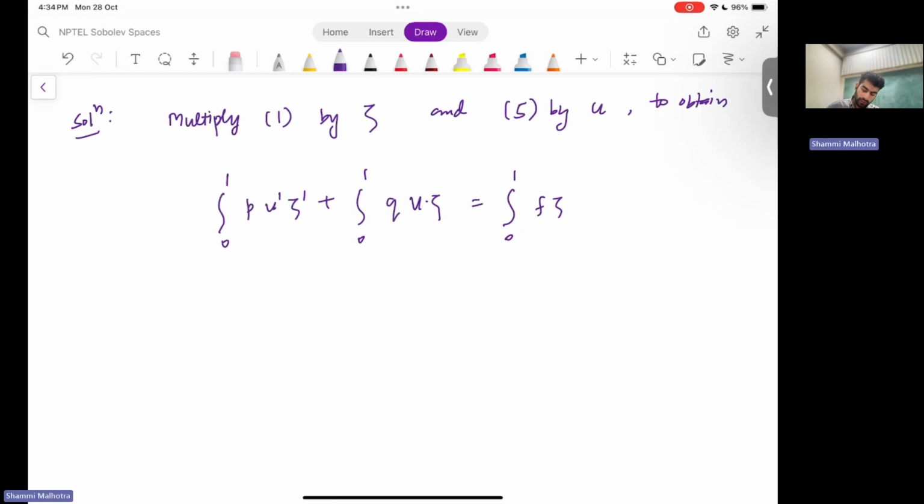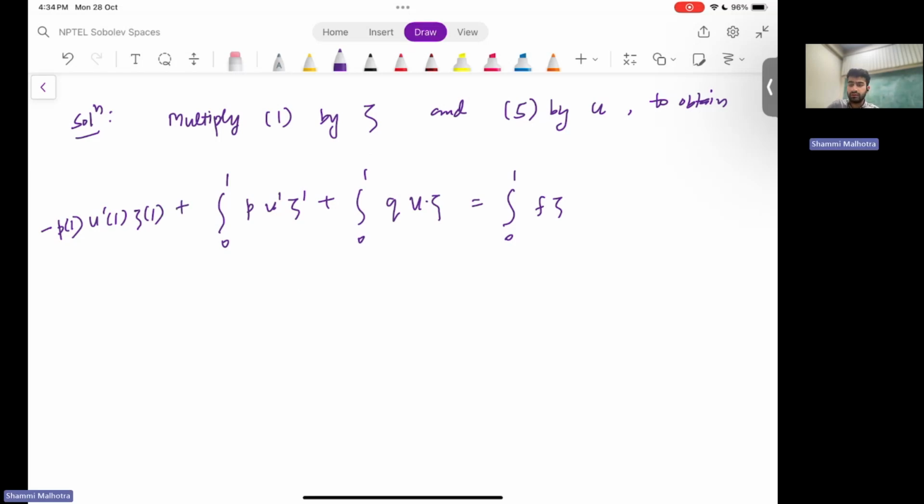And we have also one more equation. When I multiply equation 5 by u, I will get integration 0 to 1. And also, when we use integration by parts, we are also getting u dash 1 p1 minus p1 times u dash 1 zeta 1.